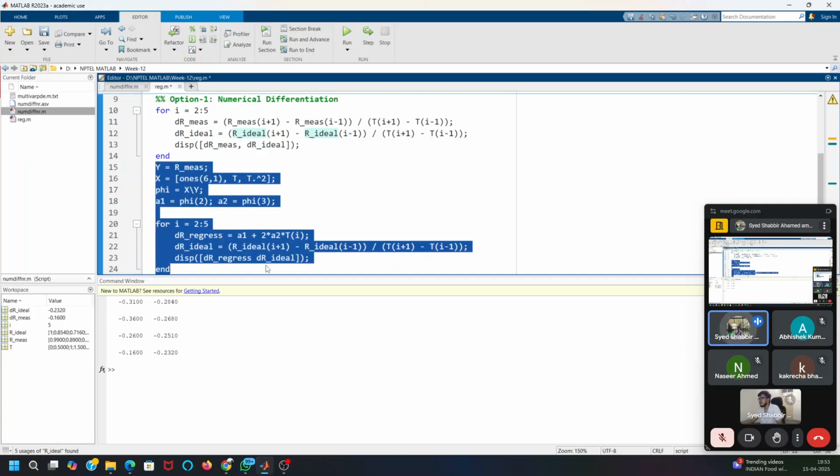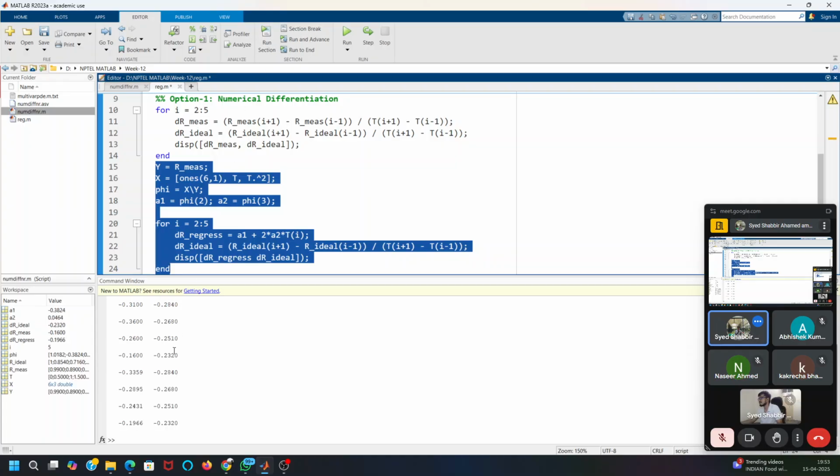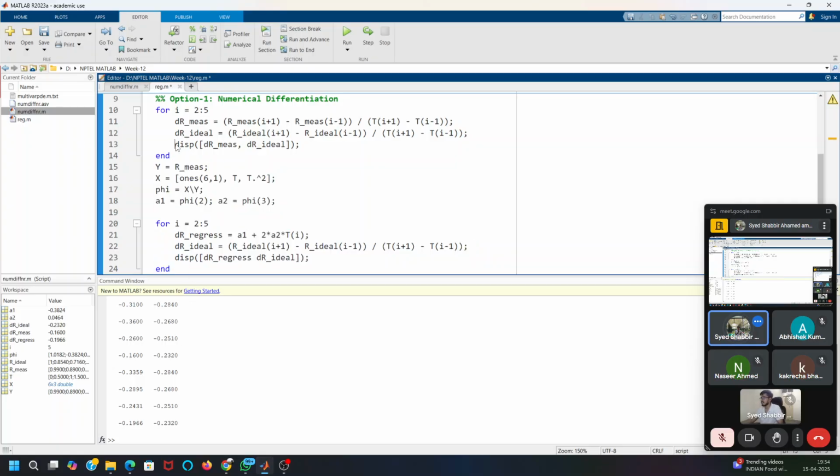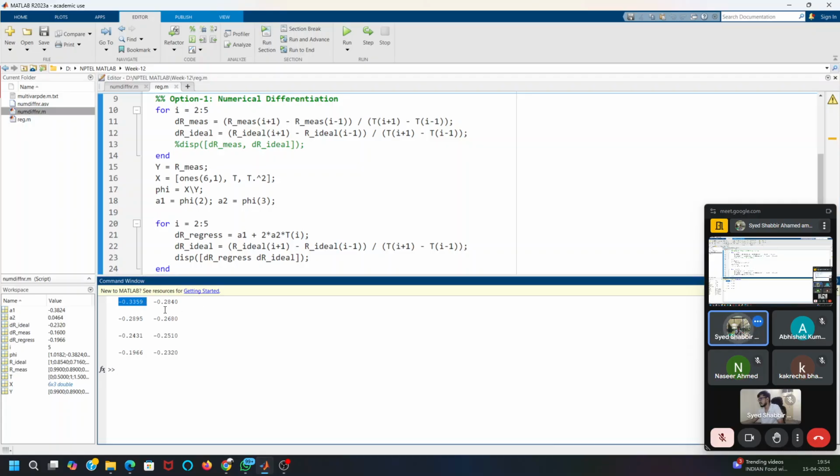If we run it, we'll get the values. So these are the various differentiation values which we are getting.